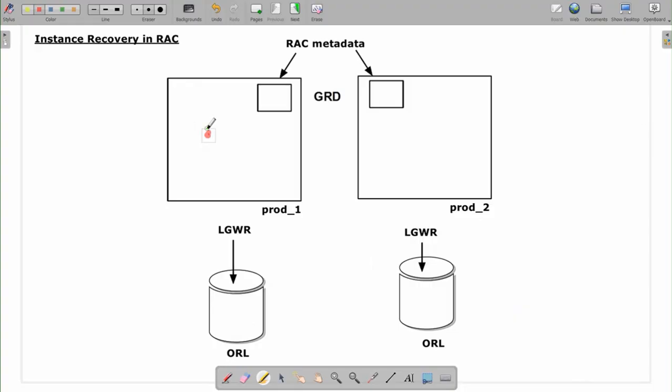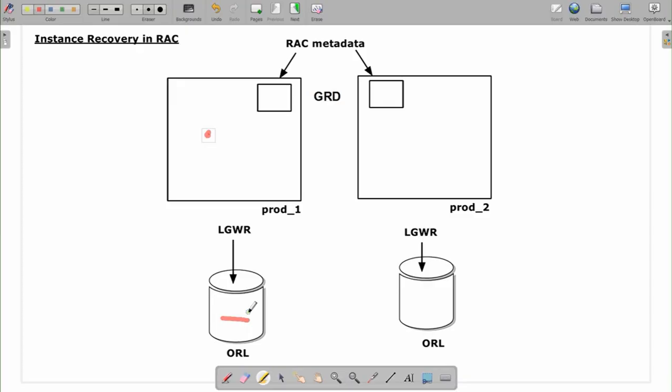So, a user connected to instance 1, for example, and issued an update statement, and data got changed. At this time, a description of this change is recorded in the log buffer. And at commit time, or every 3 seconds, and whenever the log buffer is one-third full, the log writer writes that information into the online redo log file.